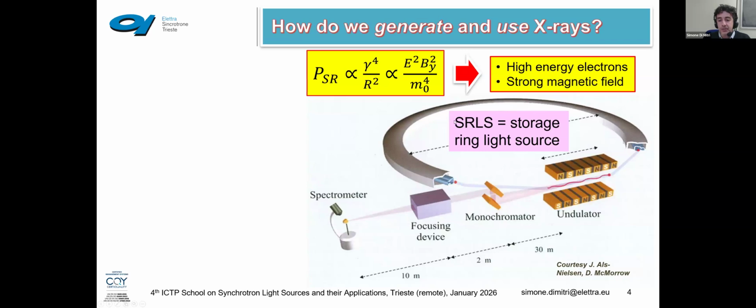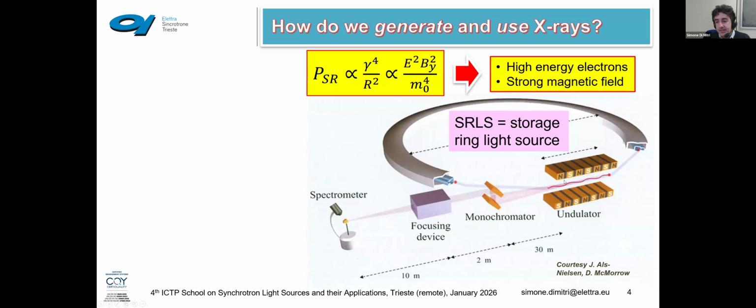And that's why synchrotron light sources are basically electron accelerators at very high energy implementing strong magnetic fields. Now, as you see in this picture, there are not only dipole magnets in order to turn basically the electrons.